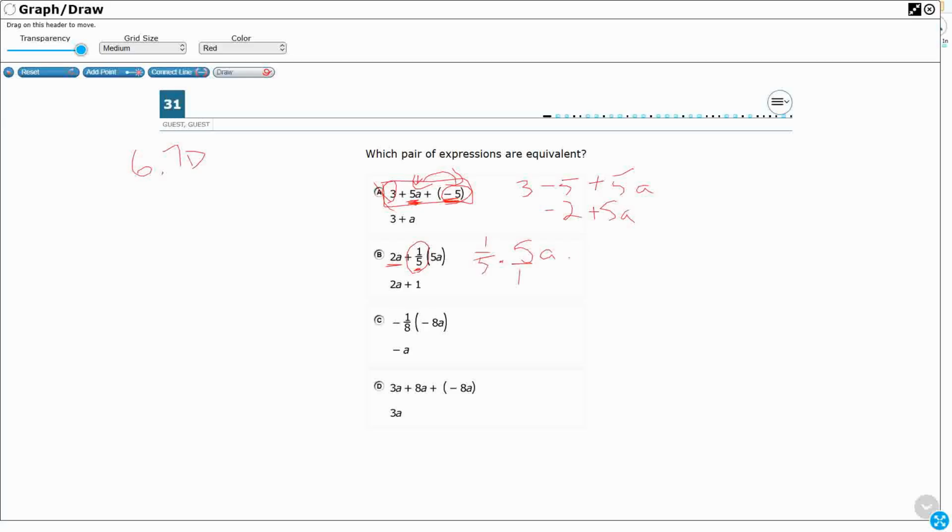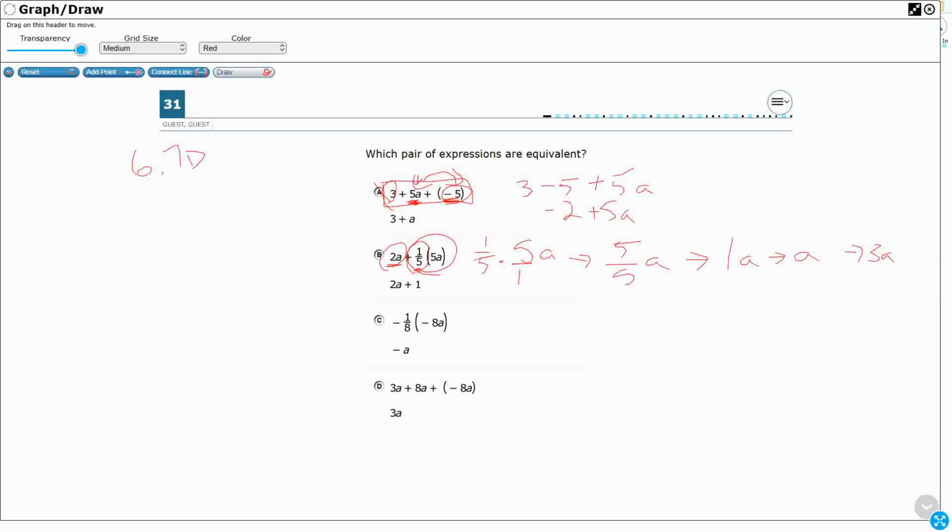So this becomes 1 times 5 is 5, 5 times 1 is 5, 5/5 a, which becomes 1a, which we don't really need the 1, it's implied, so it just becomes a. So the 1/5 and the 5 effectively cancel each other out, it just becomes a. So it becomes 2a plus a, because that still needs that 2a, so 2a plus a would equal 3a.